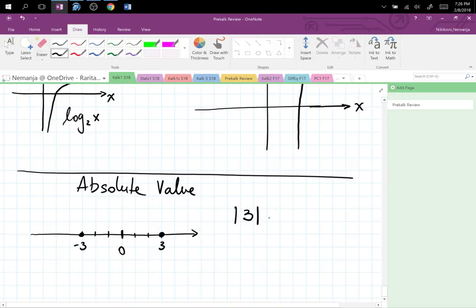The absolute value of 3 is the physical distance of 3 hops from 3 to 0. The absolute value of negative 3 is also 3, which is 3 hops. Now I want to do this one in blue.